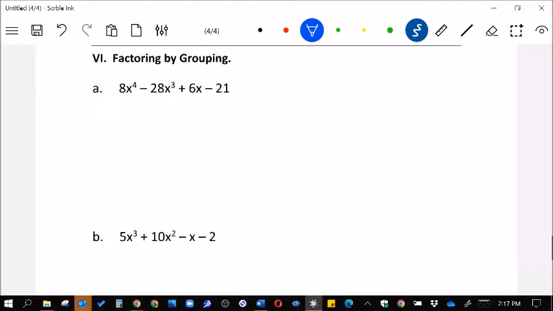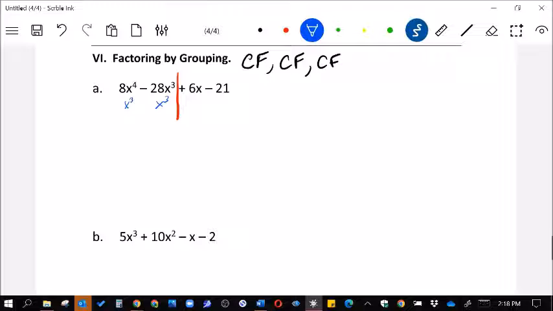Now let's look at factoring by grouping. Factoring by grouping requires simply that you cut it in half and put it into two groups. And it means you're going to use a common factor, and then you can use a common factor again, and then you can use a common factor again. So let's look at how this works. On this one, I'm going to take the first half, and I'm going to see, ooh, they both have lots of x's, so I can take x cubed out of them.